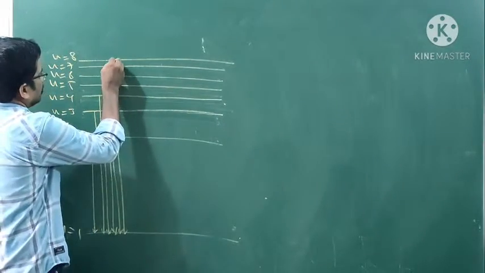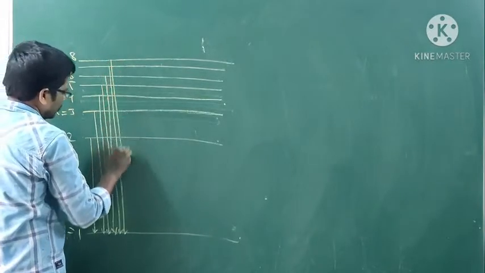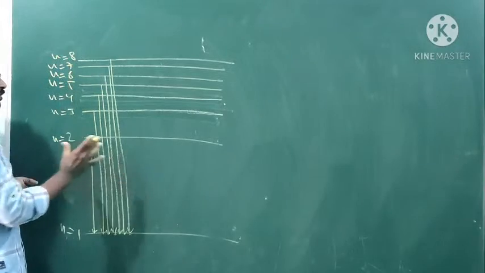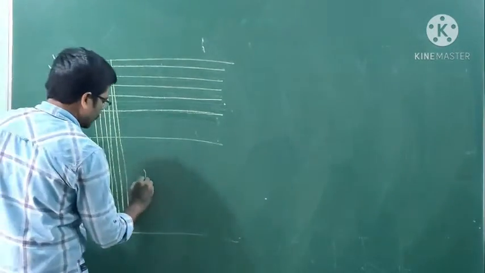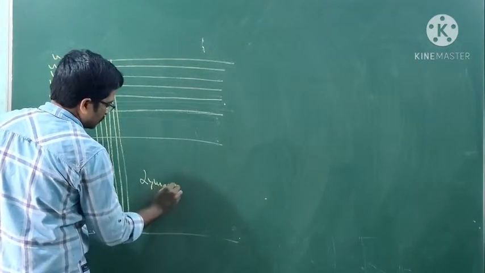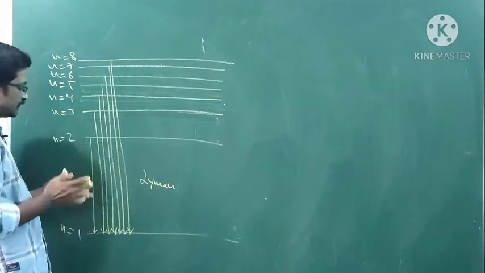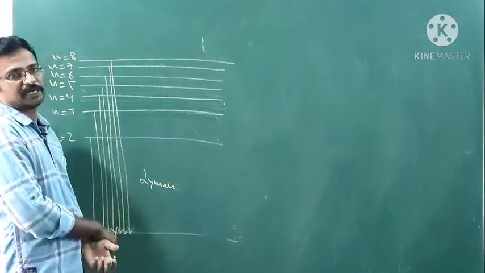Okay, these are enough, I think. You may write down another line, eighth level too. These lines are known as the Lyman series. Okay, this is mainly observed in emission spectra.